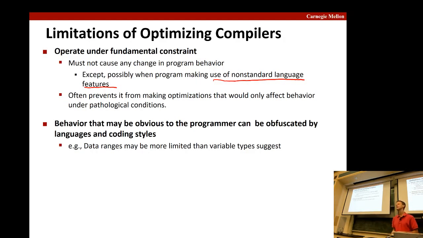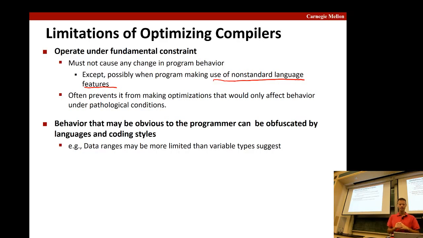And the other thing is, and we're going to talk about this in this class, there are things where you look at your code and say, this is obvious. Why isn't the compiler figuring this out? Part of it is that there's information in the programmer's head or in other parts of the code that the compiler just doesn't see.